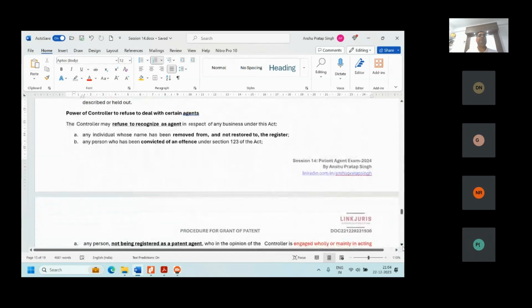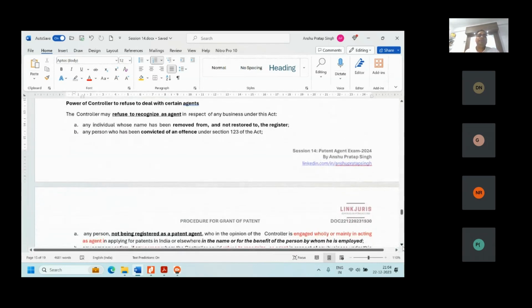Now comes the power of the controller to refuse to deal with certain agents. If your name has been removed and not restored to the register, the controller will not recognize you. If you have been convicted of an offense under section 123, that is, you have been practicing without qualifying or without being registered as a patent agent, then you are out.